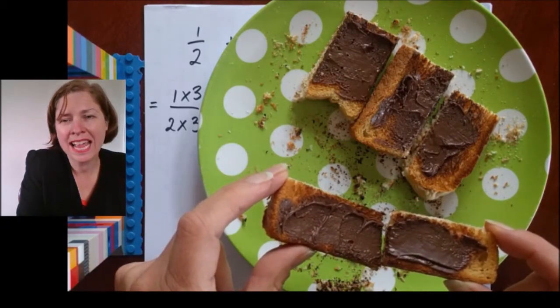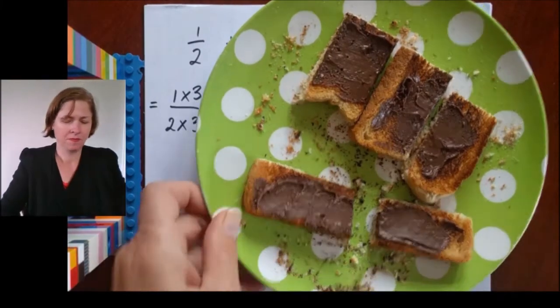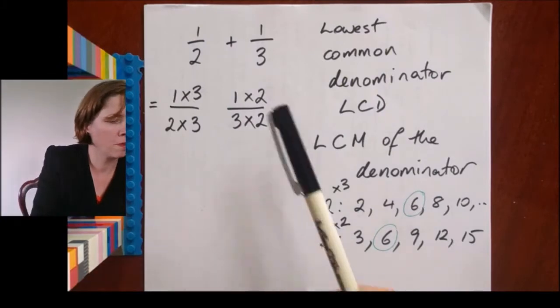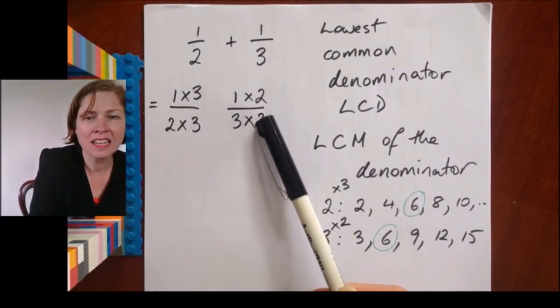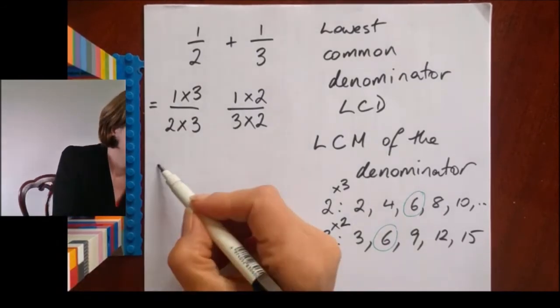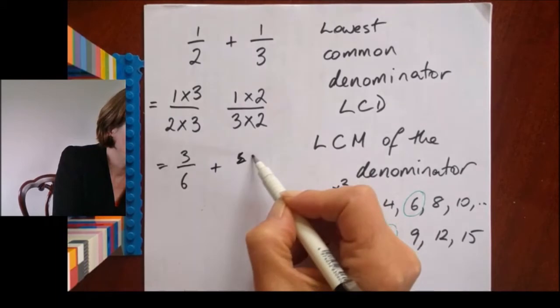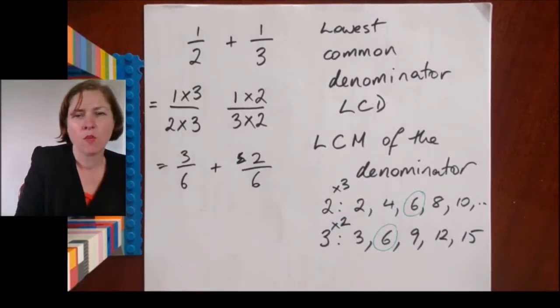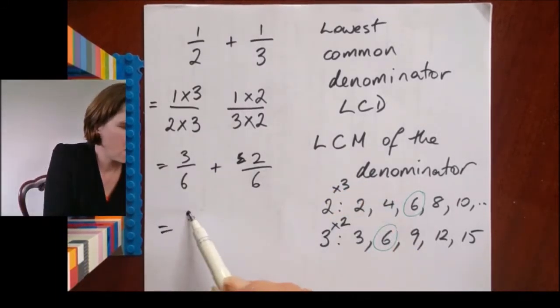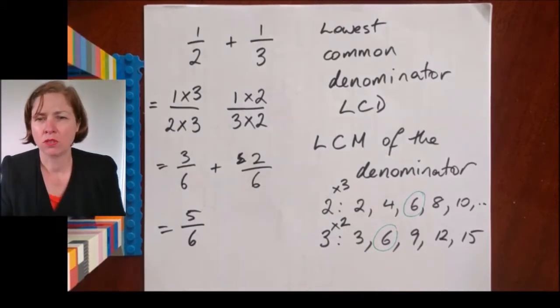So when I cut things in half, I double the number of pieces. So the number of pieces on both the numerator and the denominator needs to double. That gives me 3 over 6 plus 2 over 6. When I add it together, I get 5/6, which is what I did with my toast.